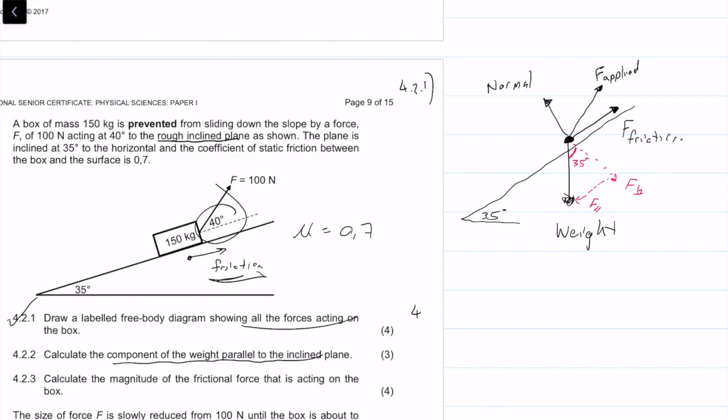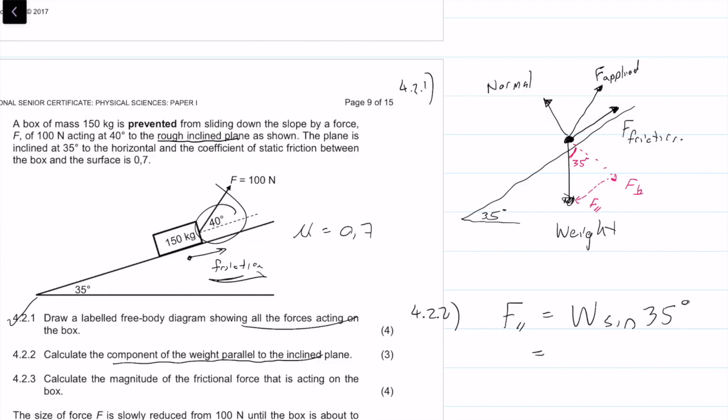Now we can go on. So 4.2.2, calculate the component of weight parallel. I'm going to say the force parallel is equal to weight, and we're looking for parallel, which is sine, opposite, sine 35 degrees.